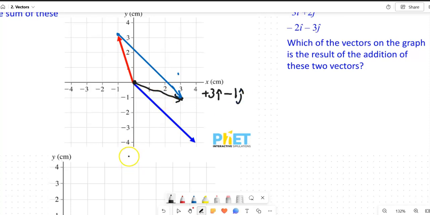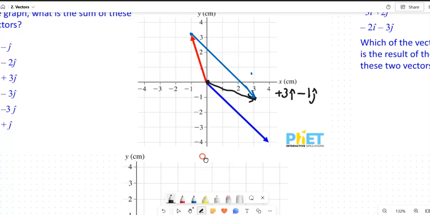Okay? Now, there's another way to do this. We could do this just by units. So the black vector I'm going to call C, I'm going to call this A, and I'm going to call this B. So C is going to be the resultant.